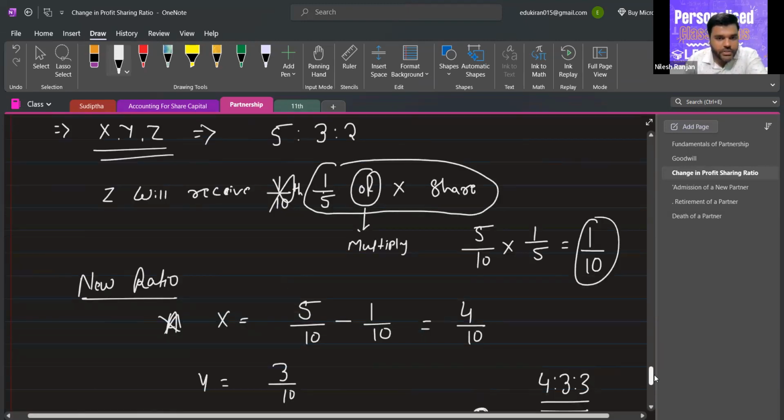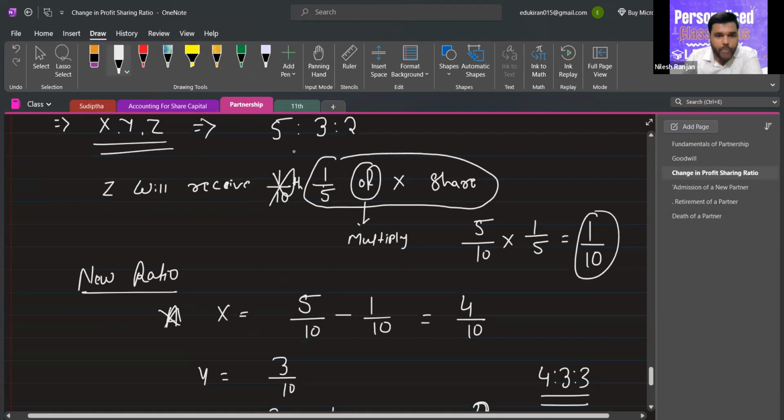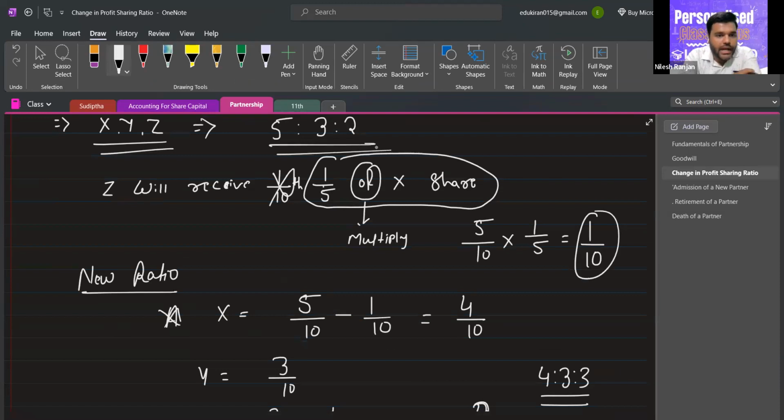Here, X, Y, Z were partners, their profit sharing ratio is 5:3:2, and Z is receiving 1/5 of X's share, means 1/10 from X. So X is sacrificing his share for Z, and Z is a gaining partner. So tell me, will X give his share for free?